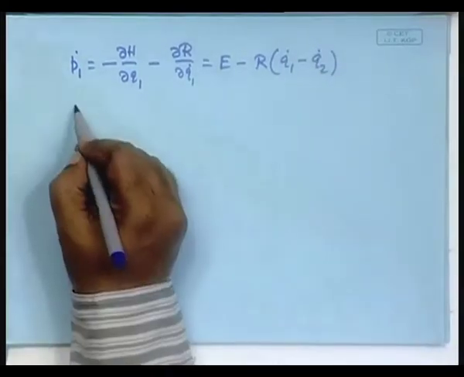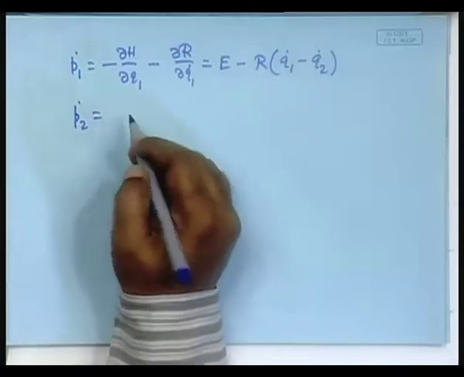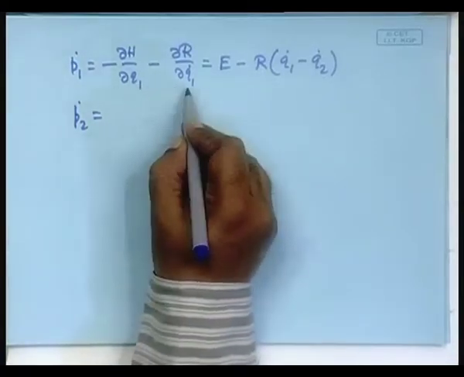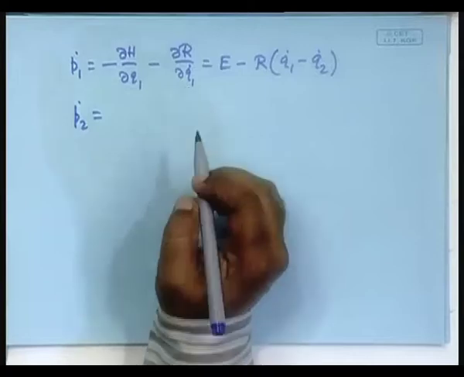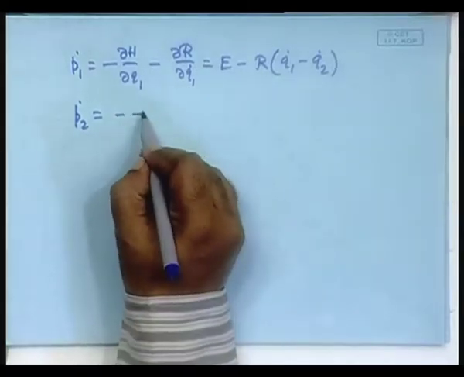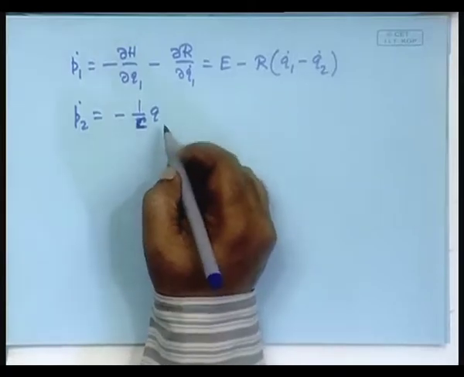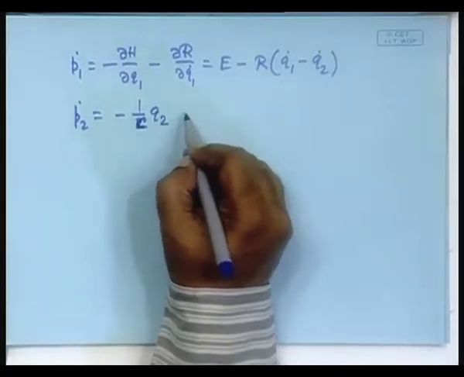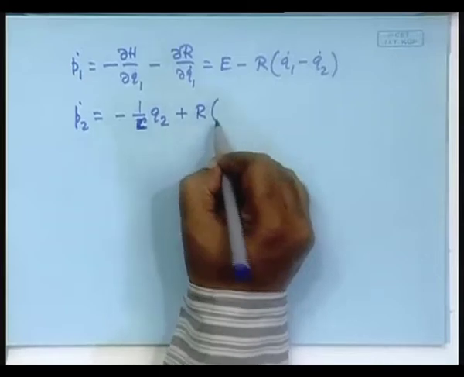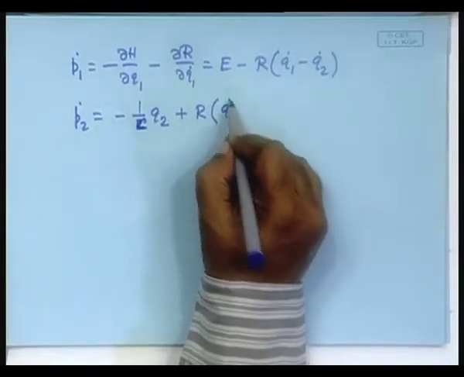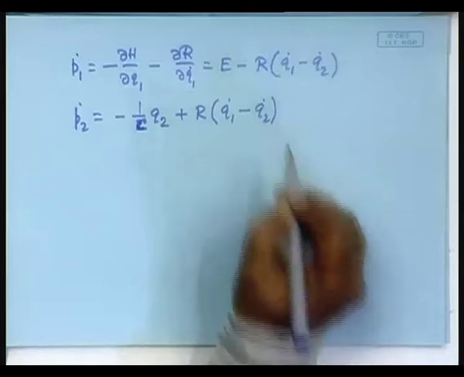Fine, and P2 dot is the same thing with respect to Q2, it will be minus 1 by C Q2 plus R times Q1 dot minus Q2 dot. Okay.